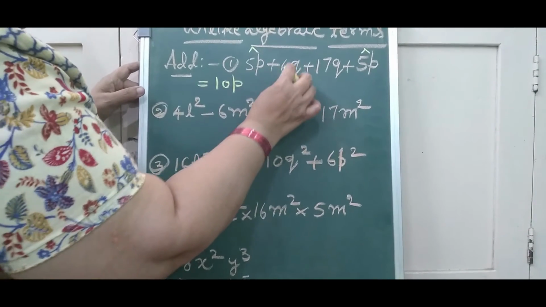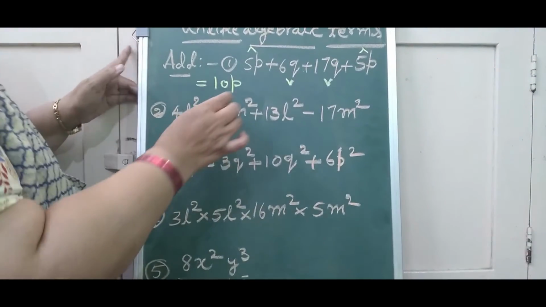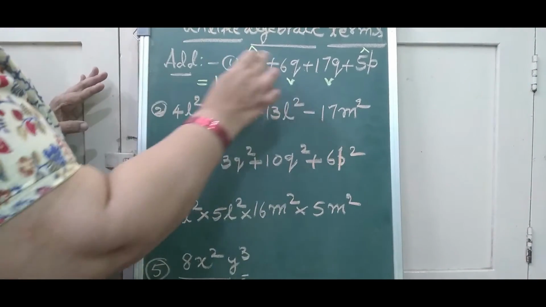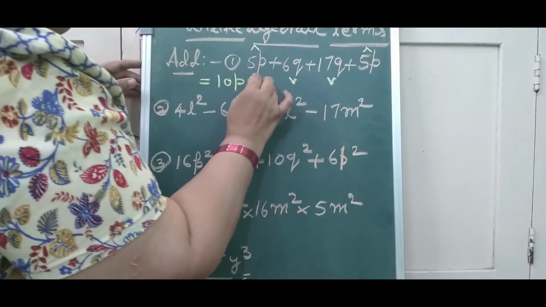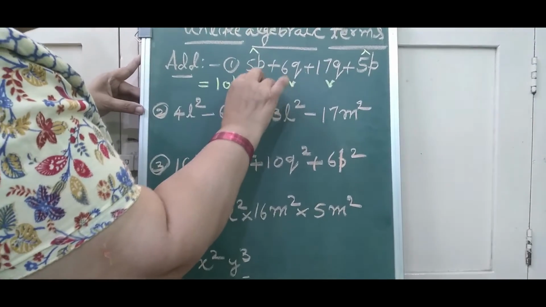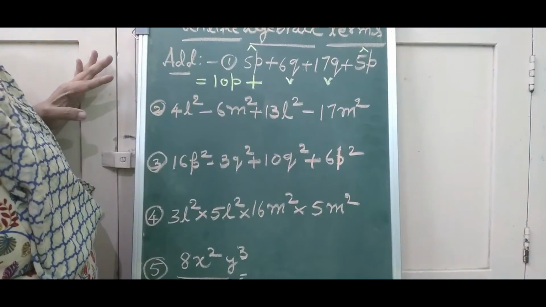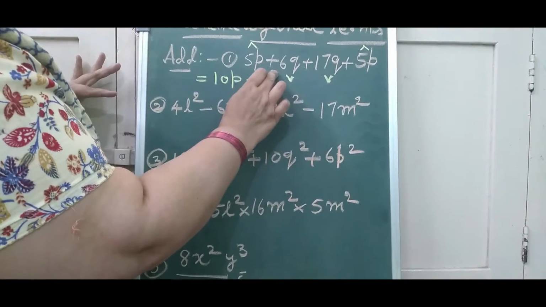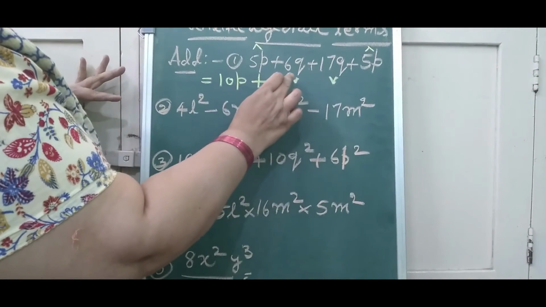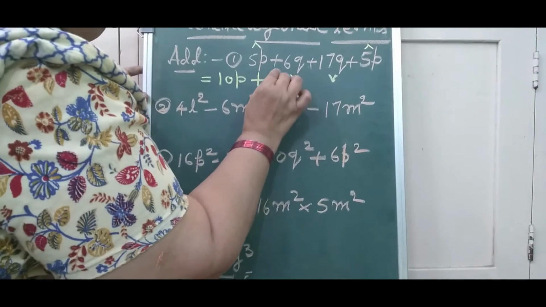And next let me consider the 6q and 17q. 6 and 17, let us add the numbers. In between also I am writing the plus sign only. Here all are positive algebraic terms, so I am writing plus. Because this q is a different term, I am adding this separately. 6 and 17 will be 23.